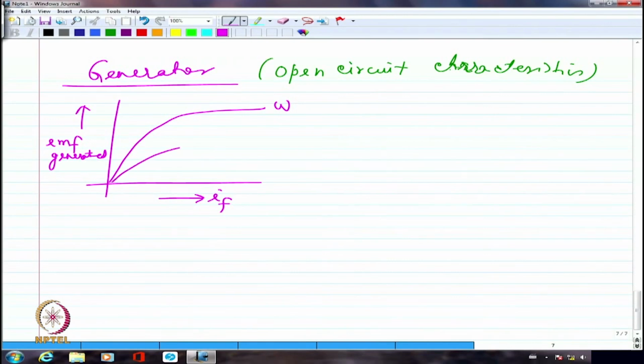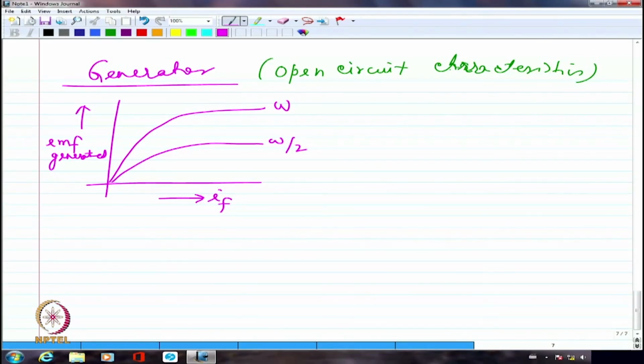If I am running at omega by 2, it will be half that. Initially the characteristic is fairly linear, as long as I am not hitting saturation.